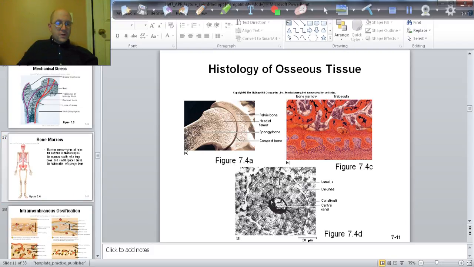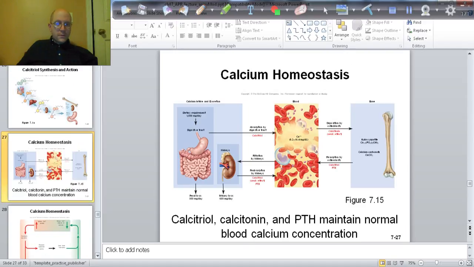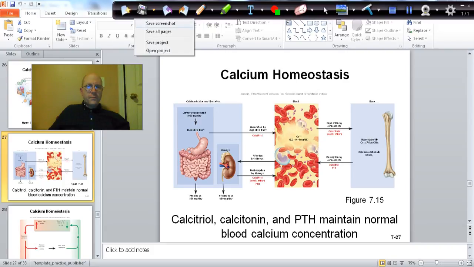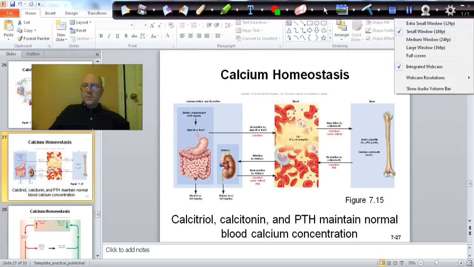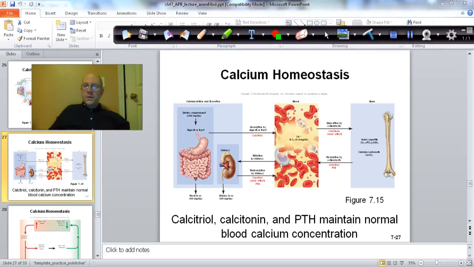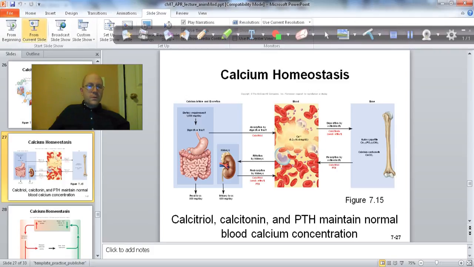So let's see, where's the hydroxyapatite formula? Let's expand that momentarily. Slideshow, current slide.